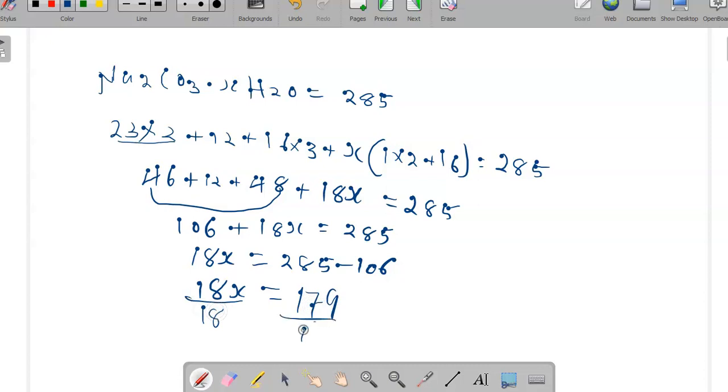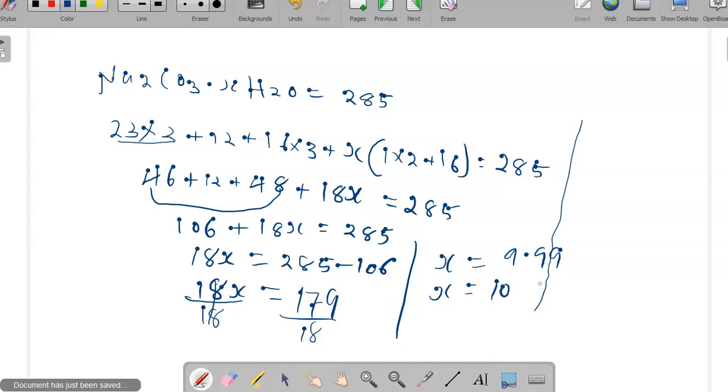Then therefore the value of X is equal to, you'll get 9.99, meaning that X is equal to 10. So therefore that compound is, it was 9.99. Therefore in that compound, this 9.99 you round it, then you get 10.